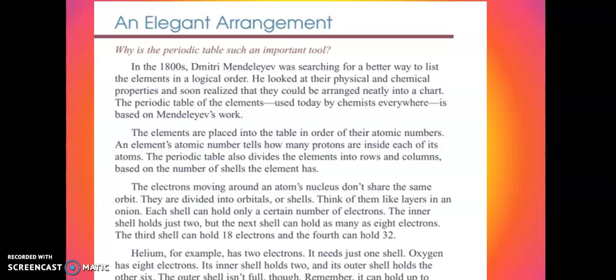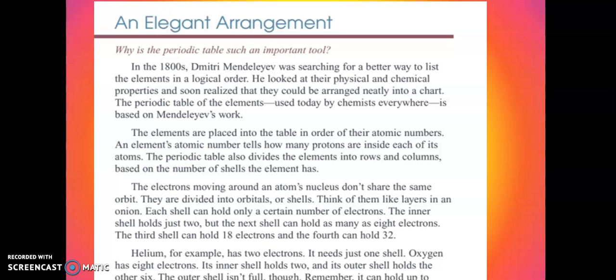So Dmitry Mendeleev was searching for a better way. He invented the periodic table to list the elements in a logical order. He looked at their physical and chemical properties and soon realized that they could be arranged neatly into a chart.